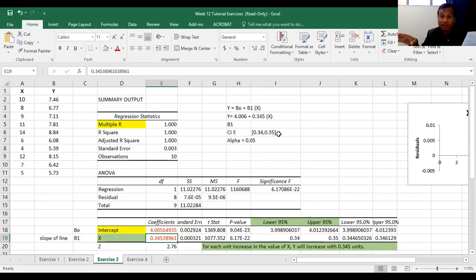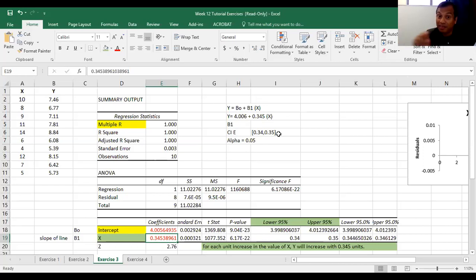No. If zero doesn't lie in it, there is a relationship. In order to have a relationship between x and y, the zero should not come in this interval. What exactly does it mean if the confidence interval contains zero? That means there is a chance of the slope being zero. The moment the slope is zero, the b1 value will be zero, there is no relationship.